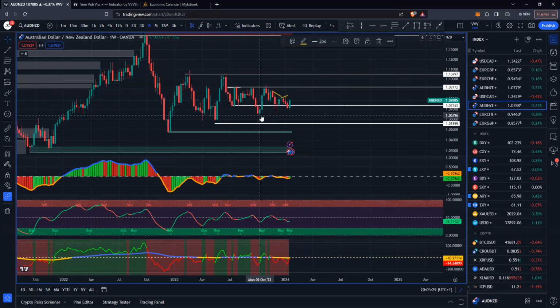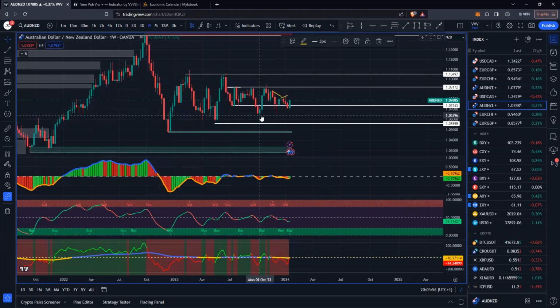One important thing is which pair is dominating in the day. If the Australian dollar is stronger, then you can trade, for example, AUD USD, or even NZD USD.